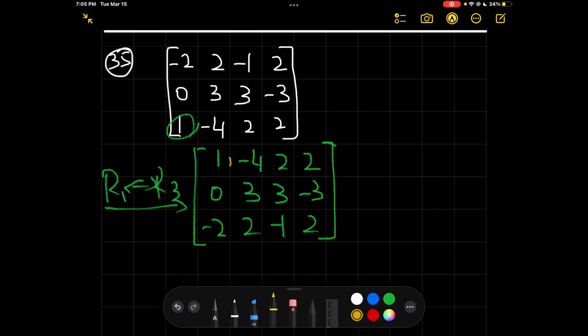Now we have leading 1, and as a pivot point, we knock out those.